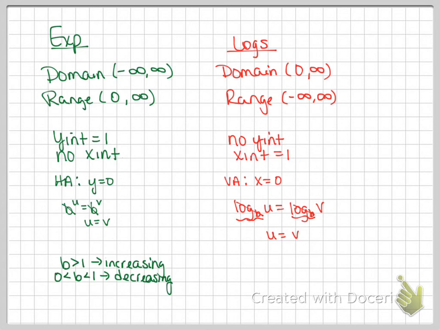And the same thing though with logarithms, it's going to be exactly the same. So if our base is greater than 1, it's still going to be increasing. If our base is between 0 and 1, then we're going to see that our function is decreasing.